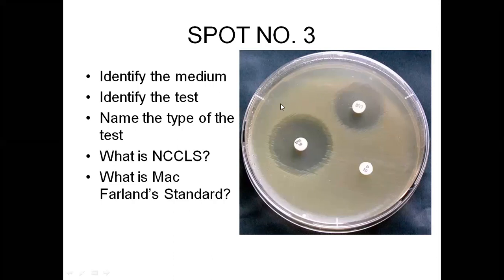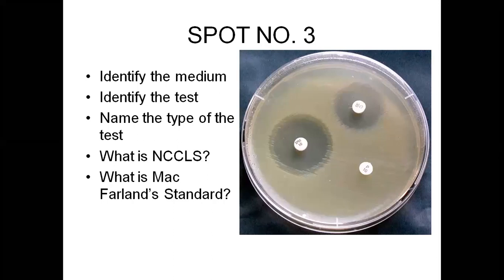This is the growth of bacteria, the soft white, and this clear zone means that bacteria is not growing around this antibiotic. If the bacteria is growing around the antibiotic disc, that means that the bacteria is resistant to that antibiotic. So we are going to put a few antibiotics for a certain bacteria, and then we are going to check to which antibiotics that bacteria is sensitive or resistant, and we are going to put that in our report.